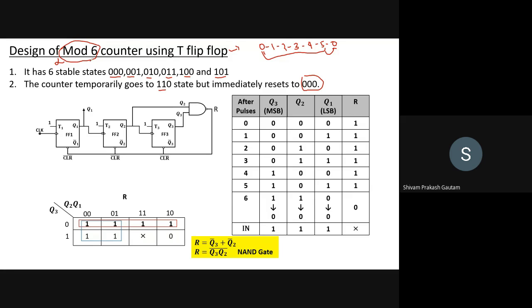Mod 6 means it should only have 6 different states. Now, if our counter goes to 110, which is the 7th distinct state, then it will not be called a mod 6 counter. Rather, we will call it a mod 7 counter, right? But here, our target is to design a mod 6 counter, right? So it is having 6 different states.